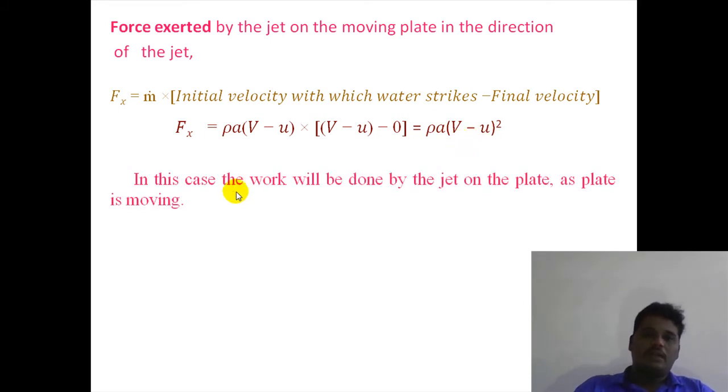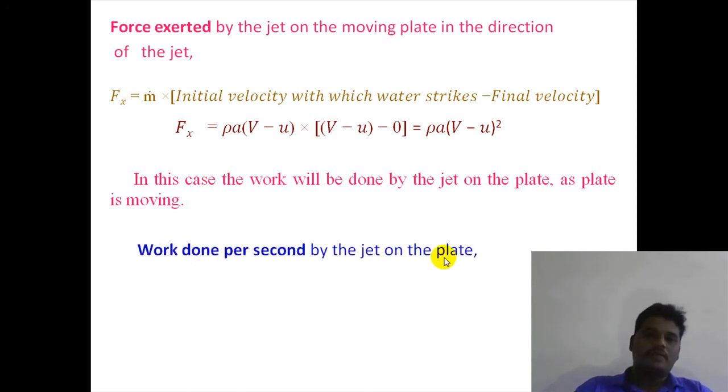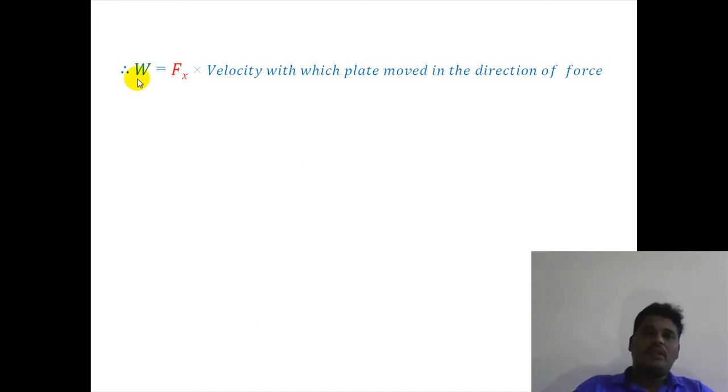Now, as the plate is moving, work is done by the jet on the plate. Whenever there is a movement, some work is done. The work done per second by the jet on the plate is equal to Fx multiplied with the velocity of the plate moving in the direction of the force.